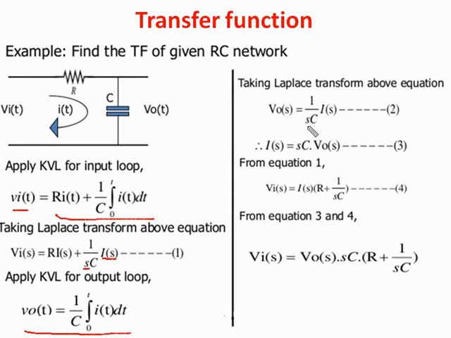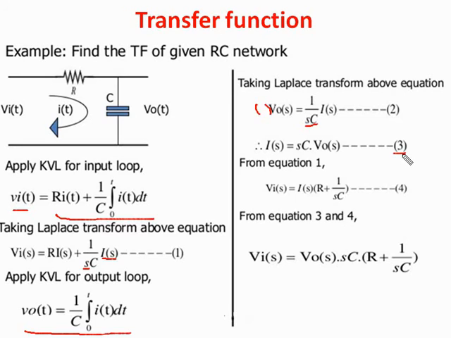Taking the Laplace transform, Vo(s) equals I(s) by s times 1/C. So this is equation 2. So I(s) is equal to sC times Vo(s), moving sC to this side.